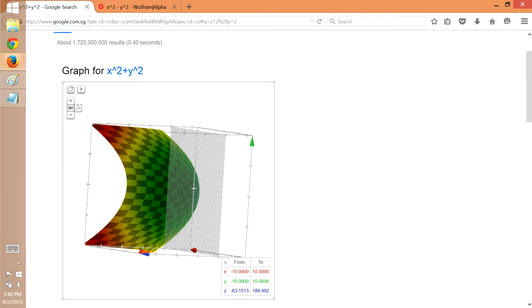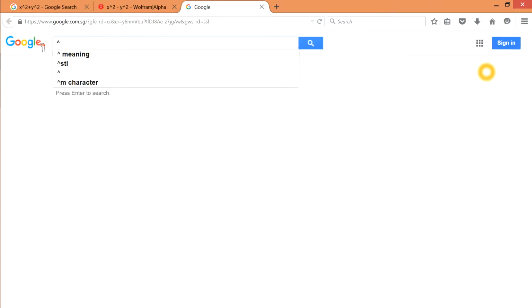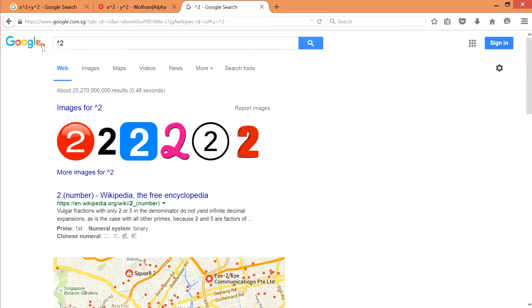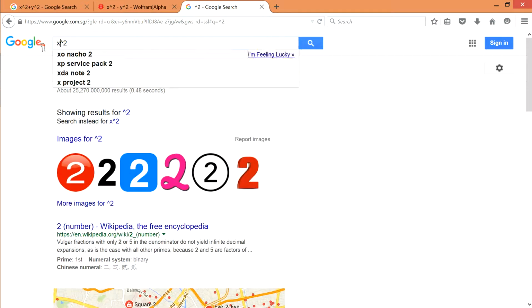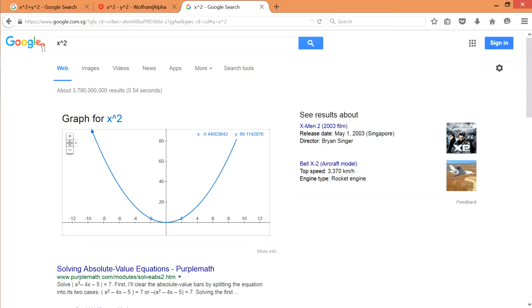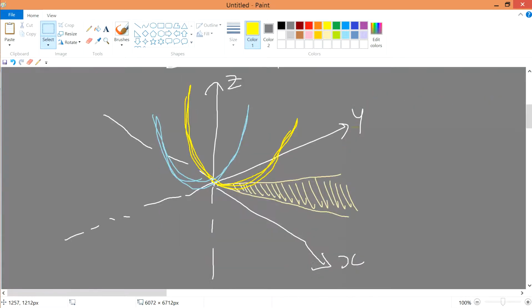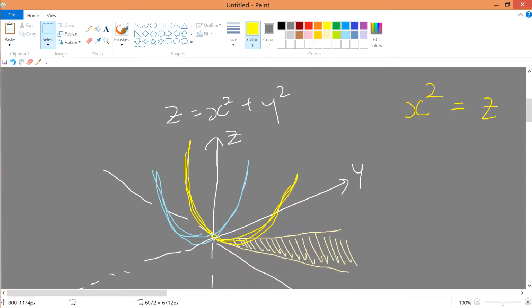If I sub x squared into the calculator, I would have this shape, and this is called a parabola, if you don't know. So parabola is just what I've drawn just now. So x and z is in terms of some parabolas.